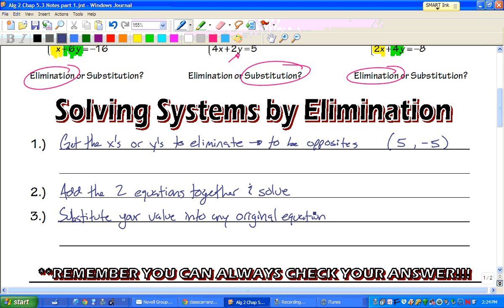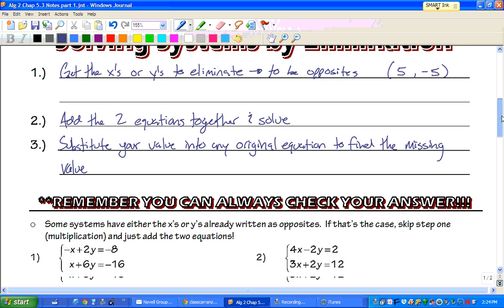Okay, any original equation, to find the missing value. So step 1 is to get the x's or the y's to eliminate, add the two equations up, and then substitute into an original equation. Sounds like a lot, but once we go through a couple, it's not that bad.